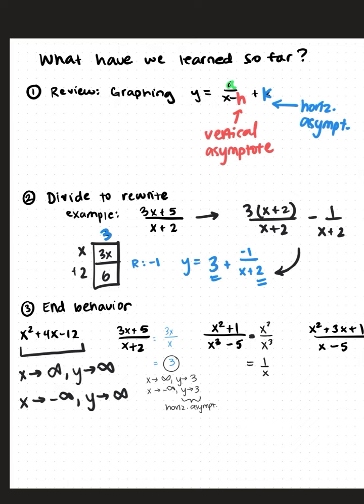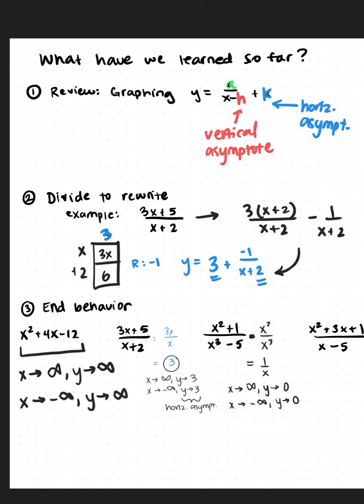As x gets really, really large, you end up with a fraction like 1 over a million, which is really close to 0. So we can say as x approaches infinity, y approaches 0. The same thing is true for negative infinity. It'll be a negative number, but also still really close to 0.